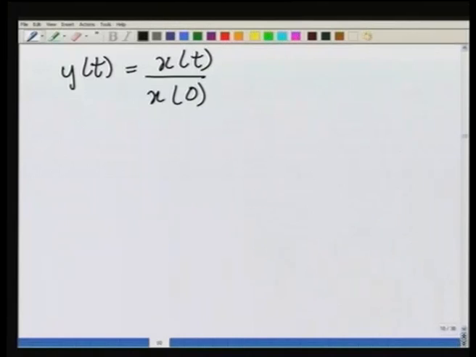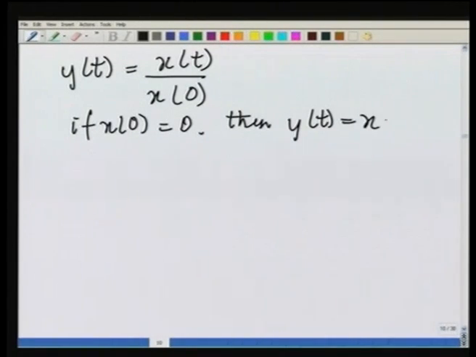The problem is that if x(0) were equal to 0, then we will have to make a fresh stipulation. Let us say if x(0) equals 0, then y(t) equals, say, x(t) itself. Now, let us see what happens to this.